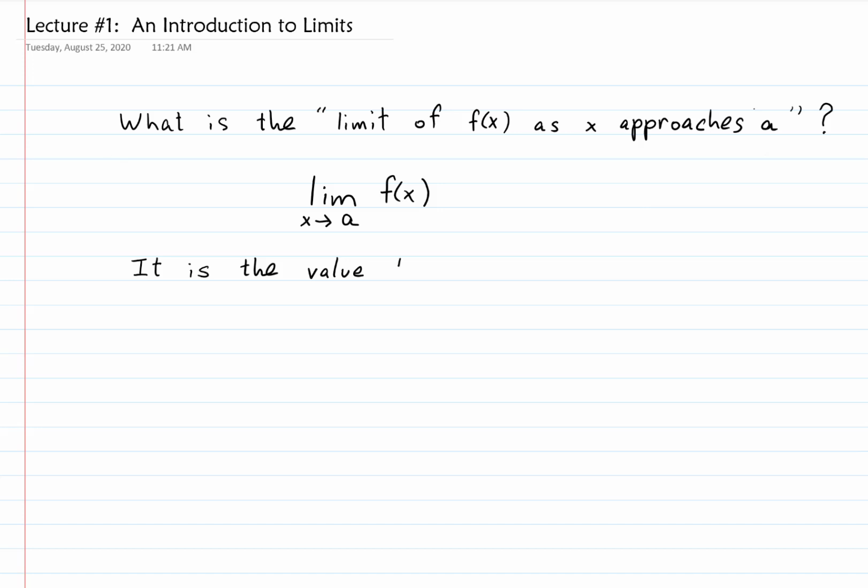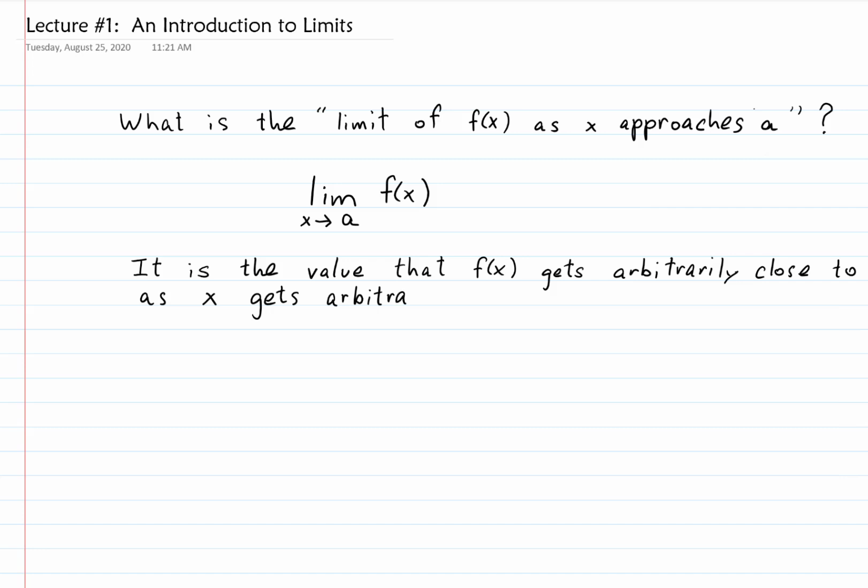It is the value that f of x gets arbitrarily close to as x gets arbitrarily close to the value a, since I used that terminology value earlier in the sentence.